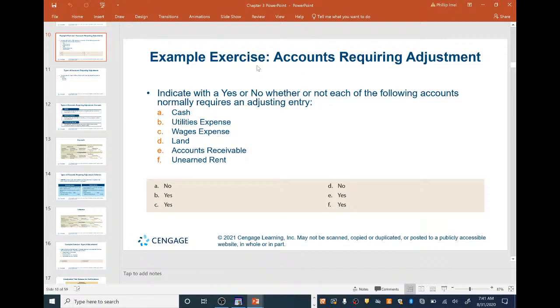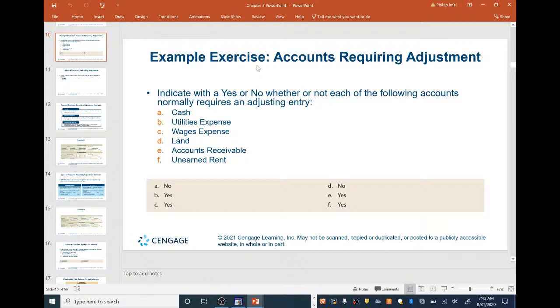Unearned rent, remember this is with the passage of time. Unearned rent is going to require an adjustment because that's the example of I own an apartment complex. Someone pays me rent for the month of January at the end of December. In December, I take their money, correct? So I'll debit cash because I'm receiving an asset, it's going up. I've incurred a liability because I took someone's cash without providing the service of rent for January, so I credit it as unearned rent, which is a liability.